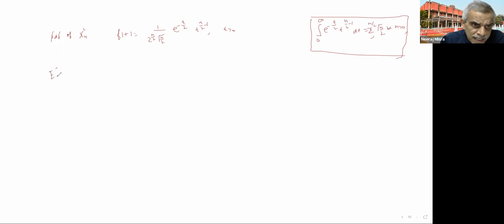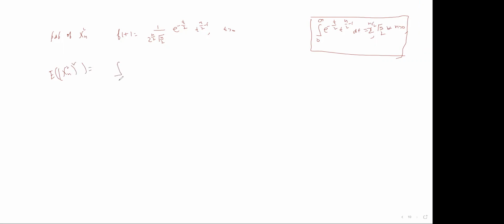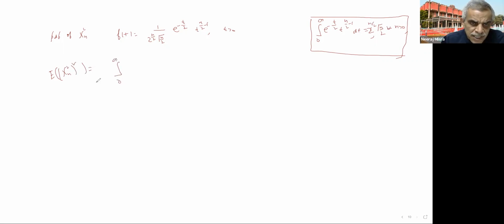So now you have to find the expected value of chi-square n to the power r, right? This is the same as the integral from 0 to infinity, because the chi-square range is from 0 to infinity, of t to power r into the density of a chi-square on n degrees of freedom, which is 1 by 2 to power n by 2 Gamma n by 2, e to power minus t by 2, t to power n by 2 minus 1 dt.